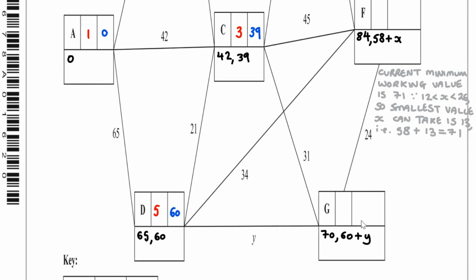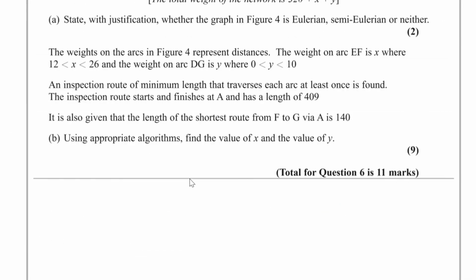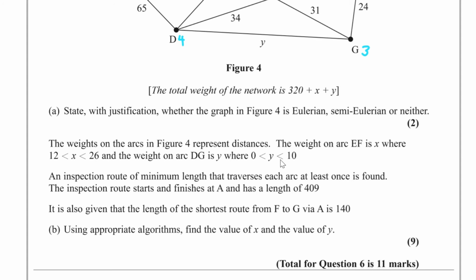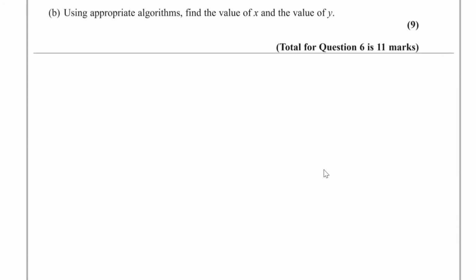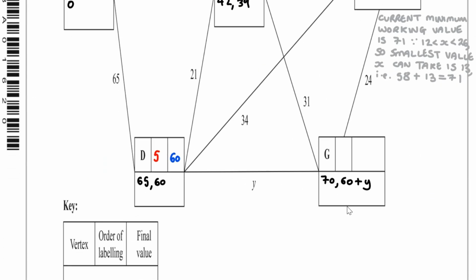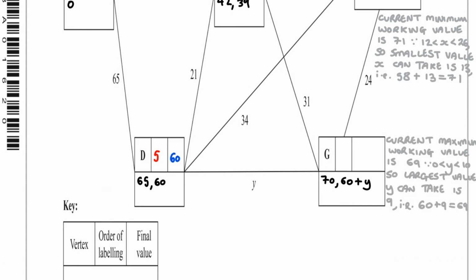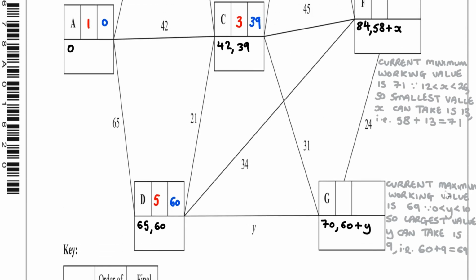That's because y can equal 9. So let's just write that down. The current maximum working value is 69, and that's because y is in between 0 and 10. So the largest value y can take is 9, i.e. 60 plus the 9 is 69. And that is, of course, less than the minimum value we had here, which is 71.